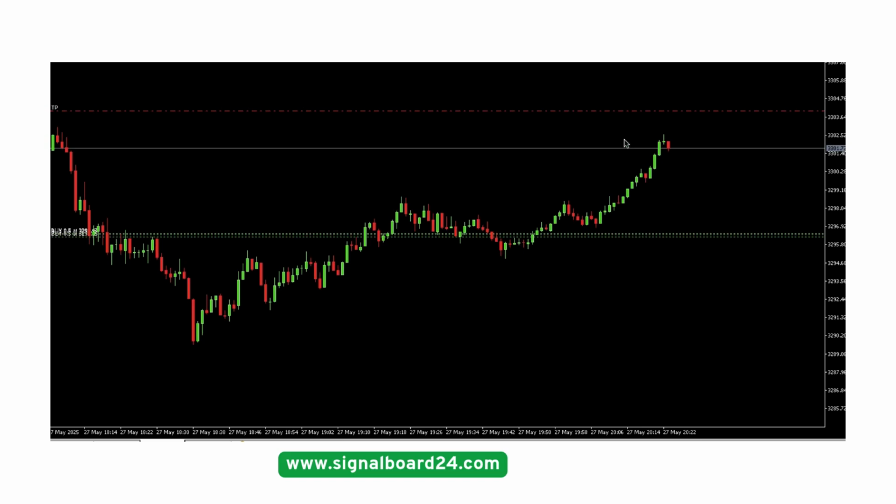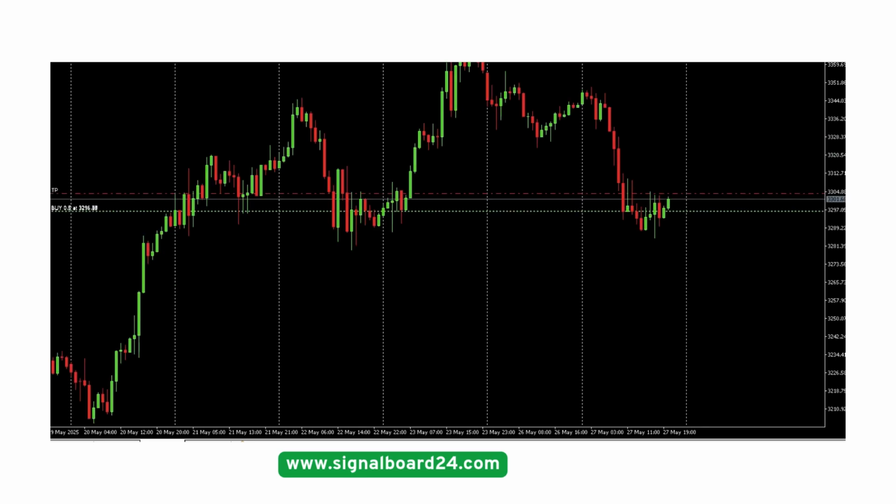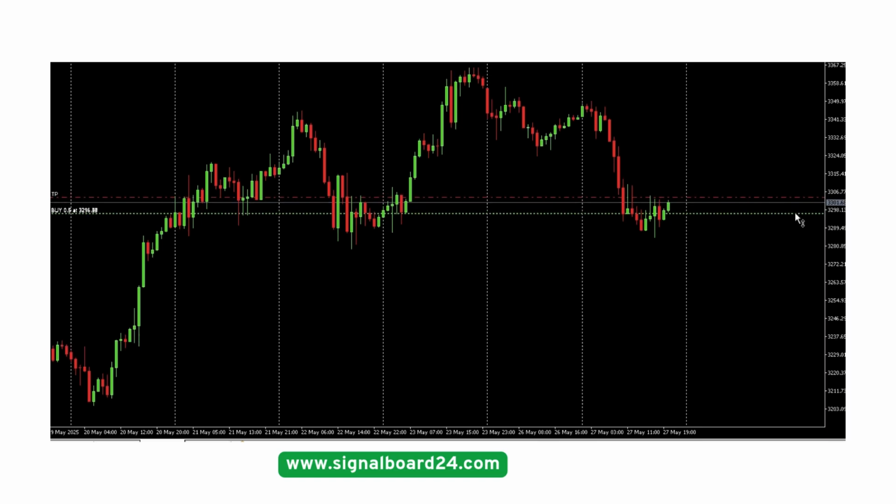This is the gold that I have bought, this is my target, and this is how you trade. This is an example of an open trade on gold.